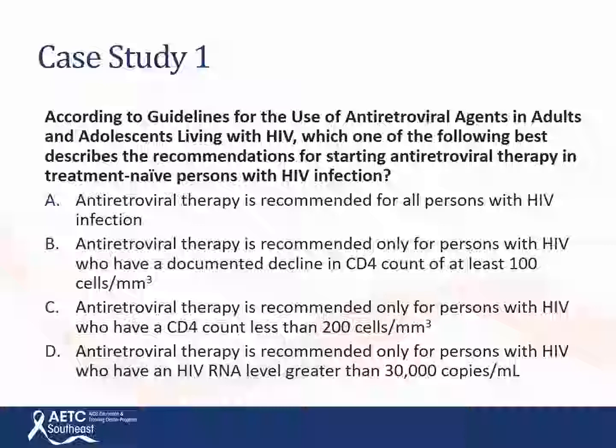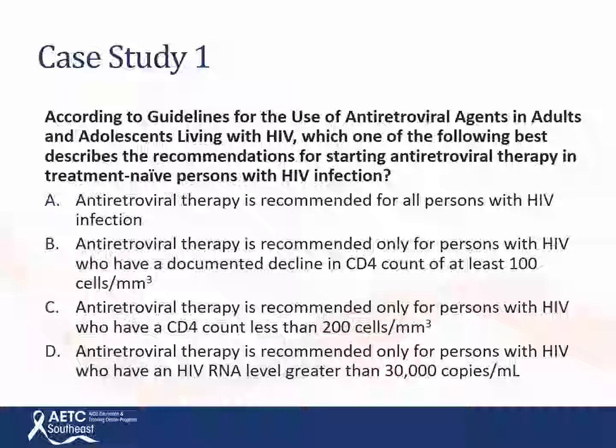According to guidelines for the use of antiretroviral agents in adults and adolescents living with HIV, which one of the following best describes the recommendations for starting ART in treatment-naive persons with HIV infection? A. Antiretroviral therapy is recommended for all persons with HIV infection.